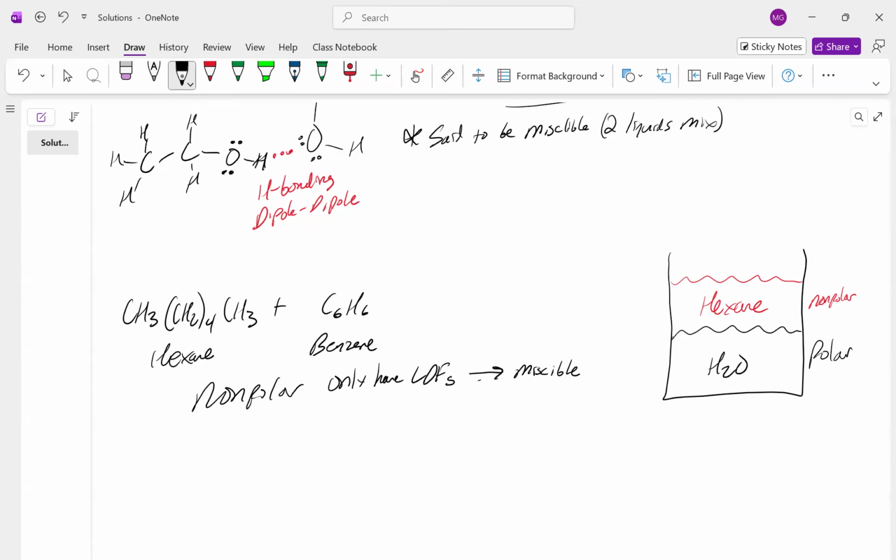The delta H of solvation would not be the correct sign to get water and hexane to mix. And so we would say these are immiscible. They do not mix.